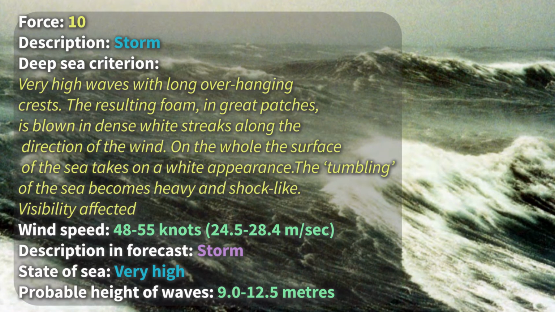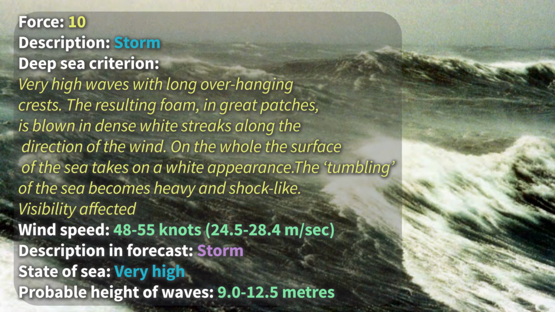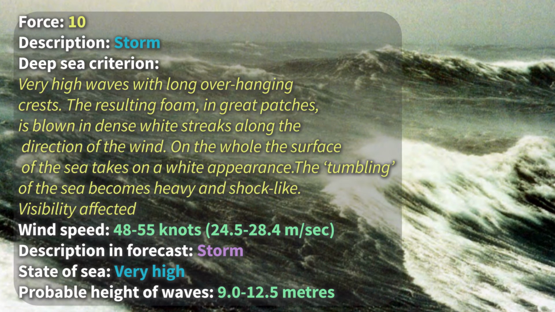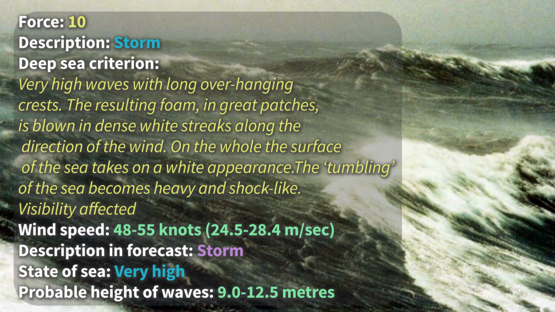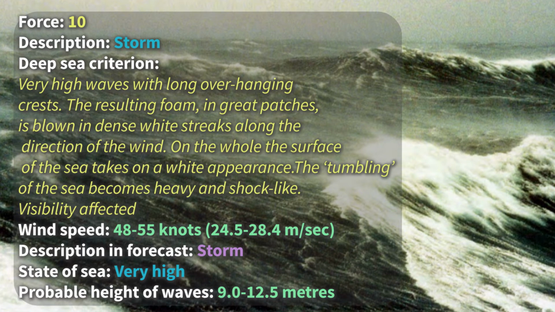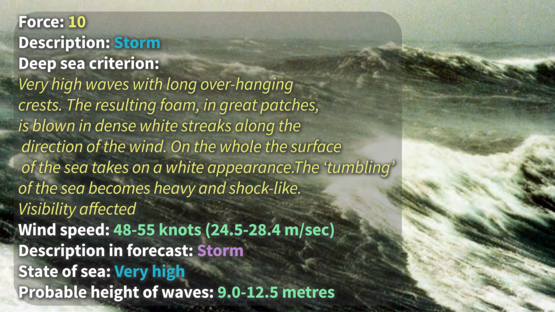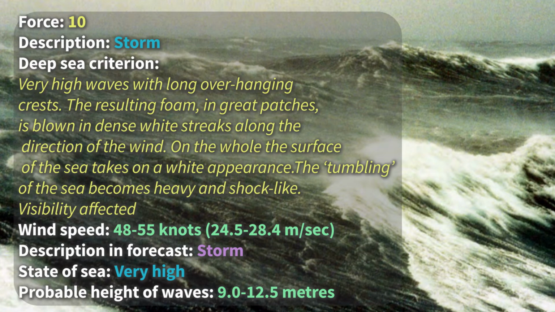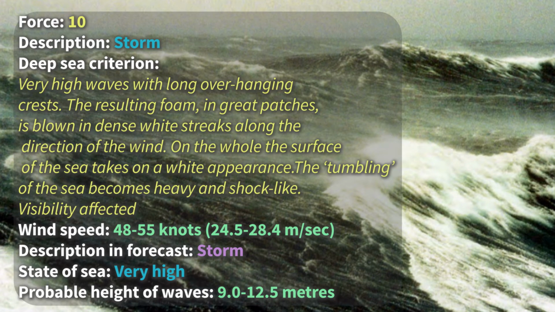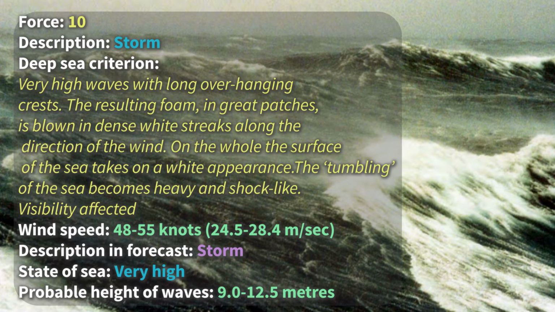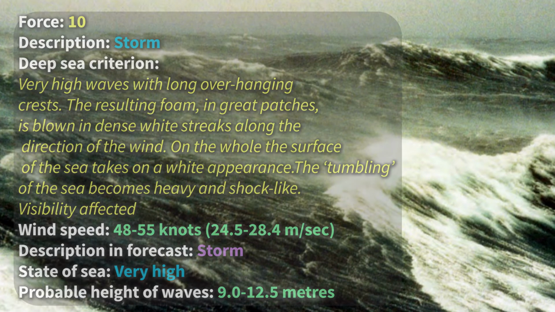Visibility affected. Wind speed 48 to 55 knots, 24.5 to 28.4 meters per second. Description and forecast: storm. State of sea: very high. Probable height of waves: 9.0 to 12.5 meters.